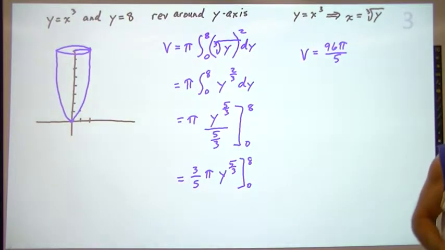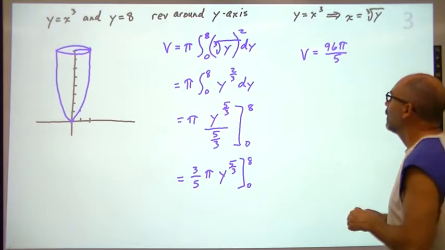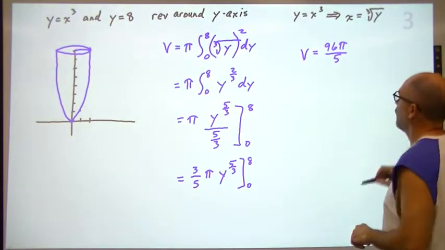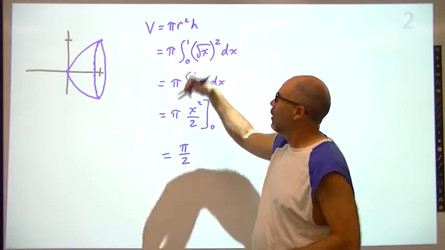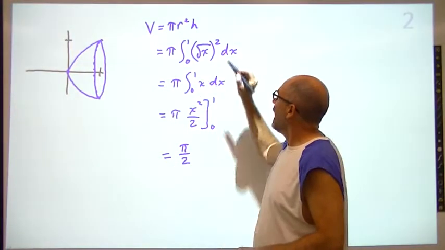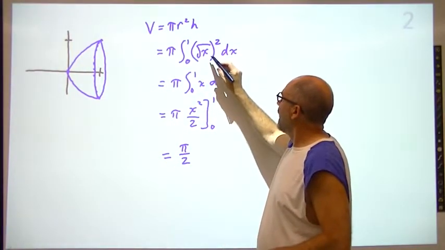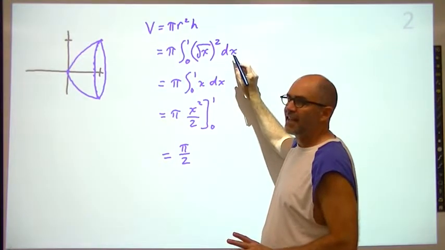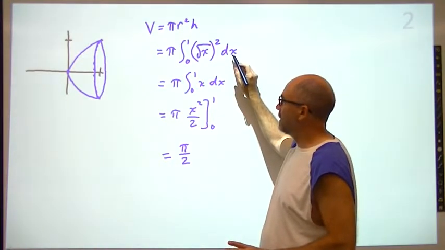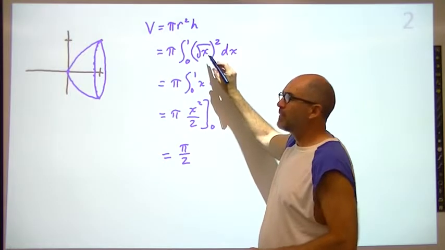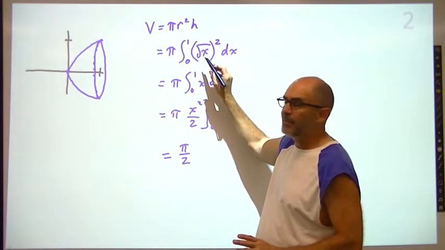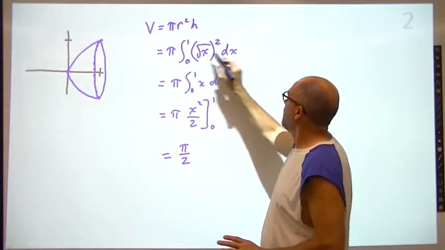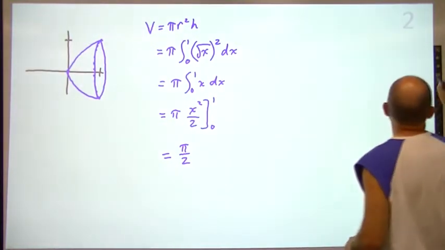Okay, now we've done one example where our axis of rotation is horizontal, and that means we have to have dx thickness on each disk. That means we have to have y as a function of x, because we have to match the dx.